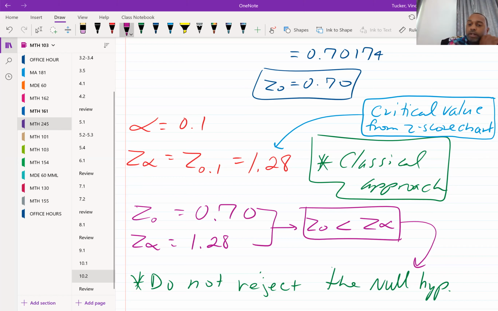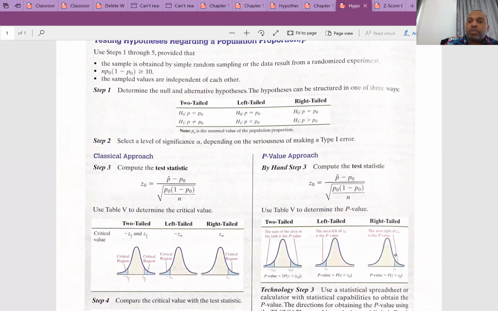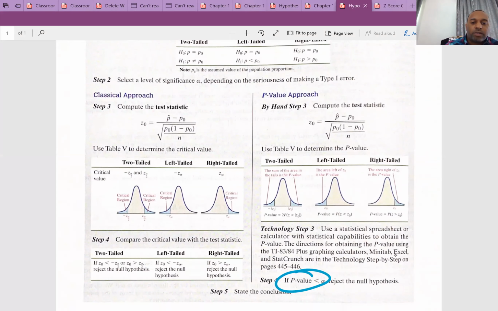So we compare those two values, and if you go back to your hypothesis testing, whenever we're using the classical approach, we can compare the critical value with the test statistic.